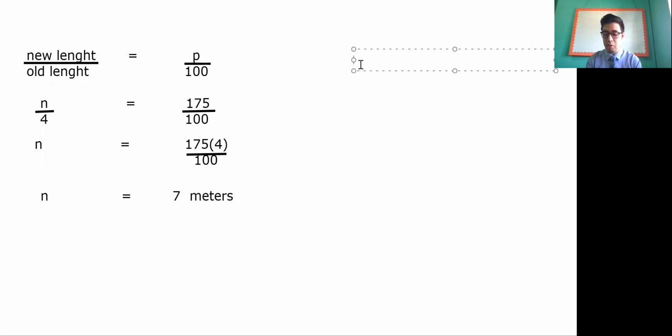We have the calcium per serving and the daily value. This is equal to P divided by 100. Okay, we are going to try to solve this one.